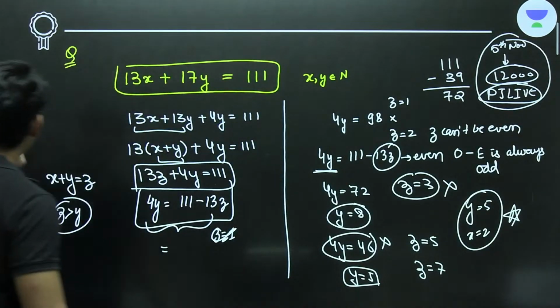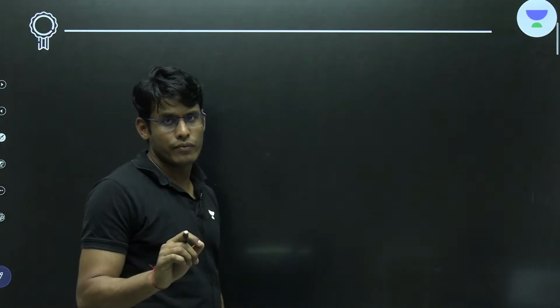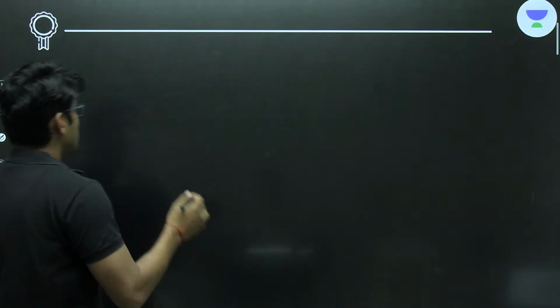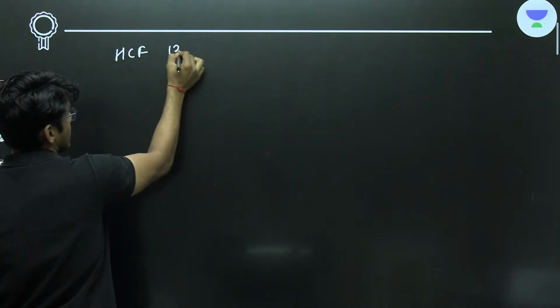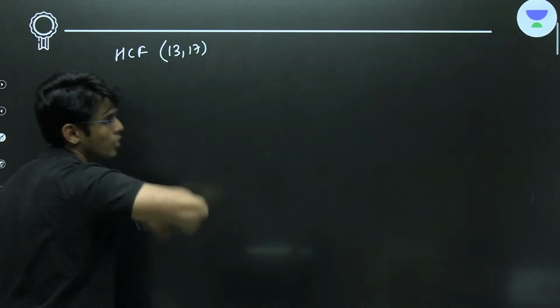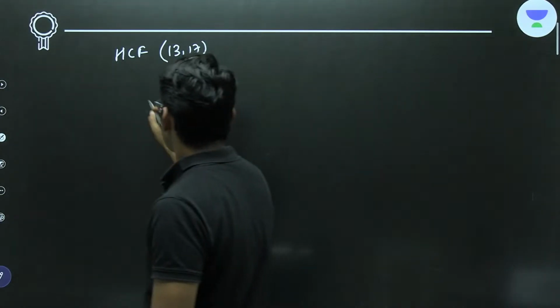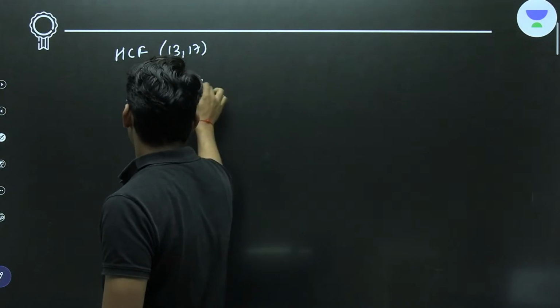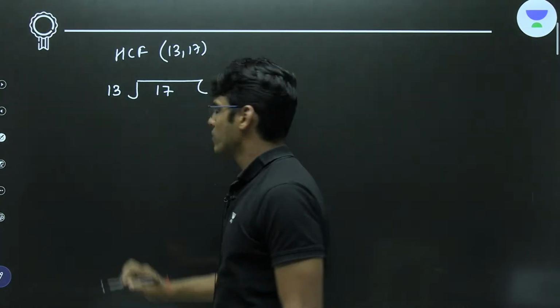So let's move on. Now, I am going to give you a very simple algorithm, right? How do you find HCF of 13 and 17? You know it is 1, right? But if you remember, we use this type of method for HCF.